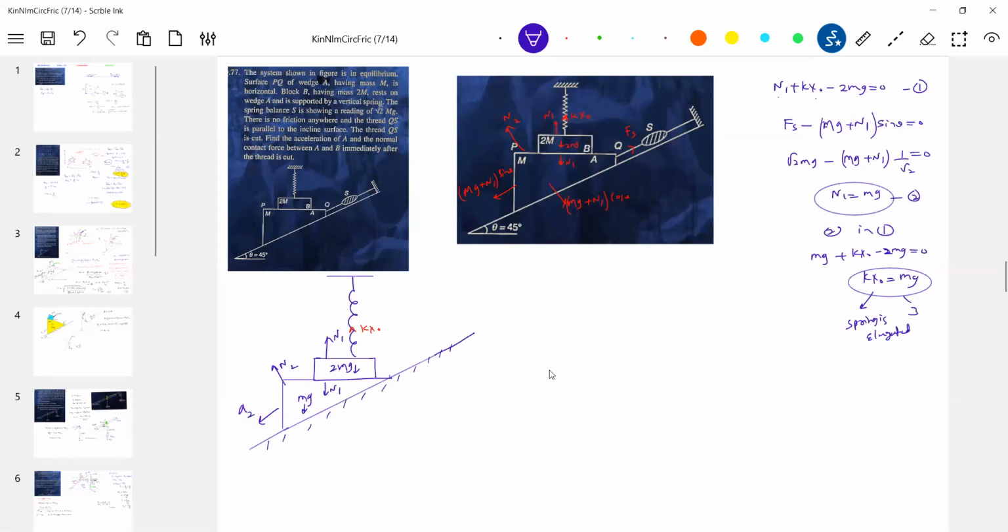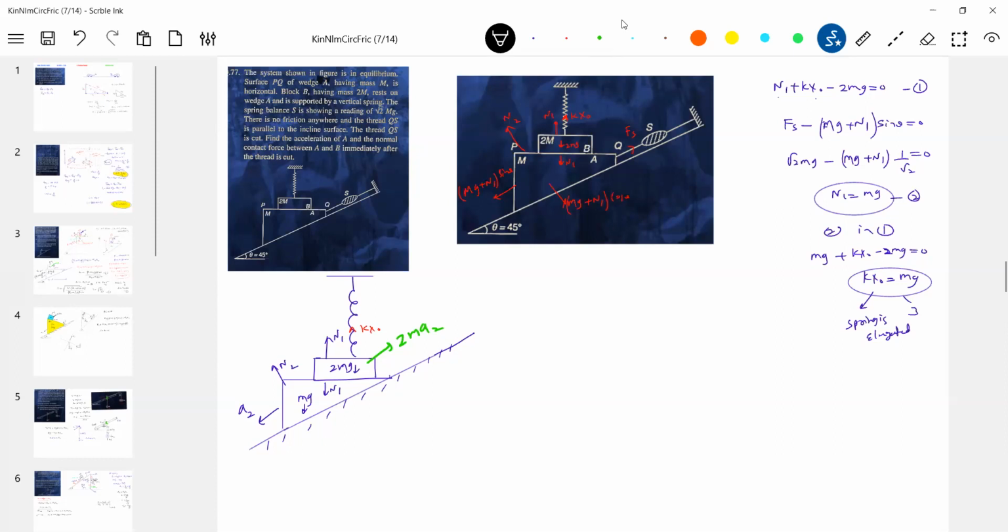A2, I'll write it here. So again, a pseudo force 2MA2. So this should be the same set of formulas, no?